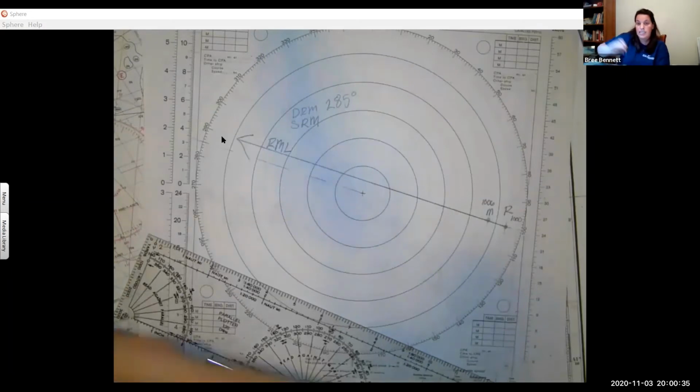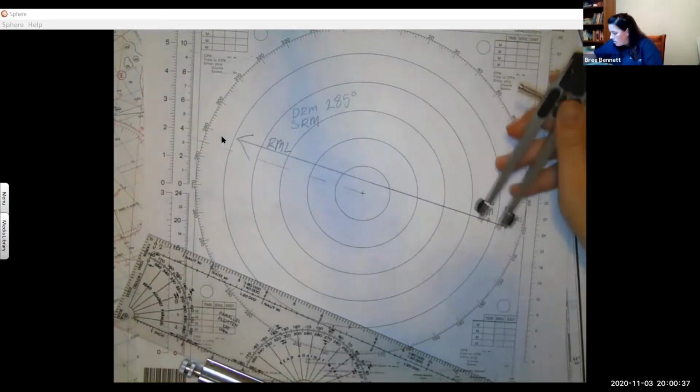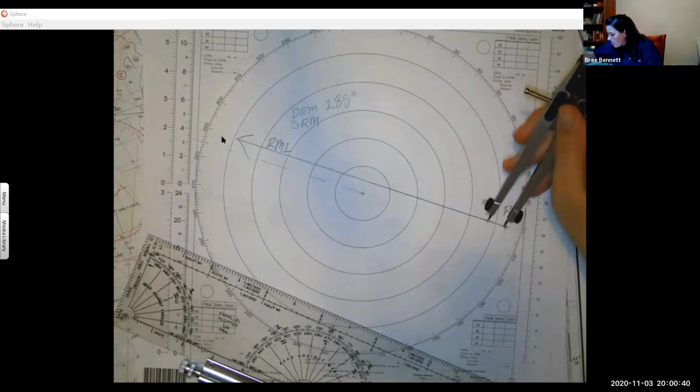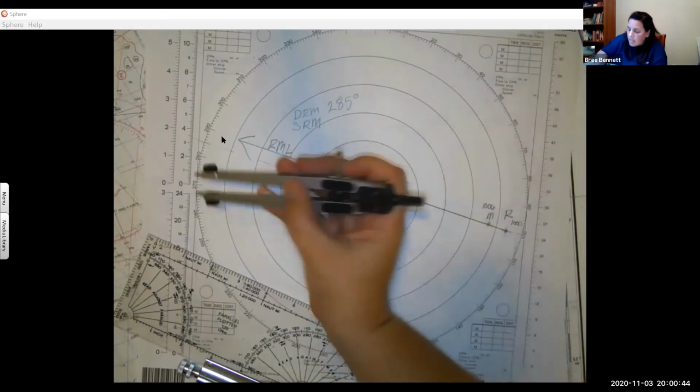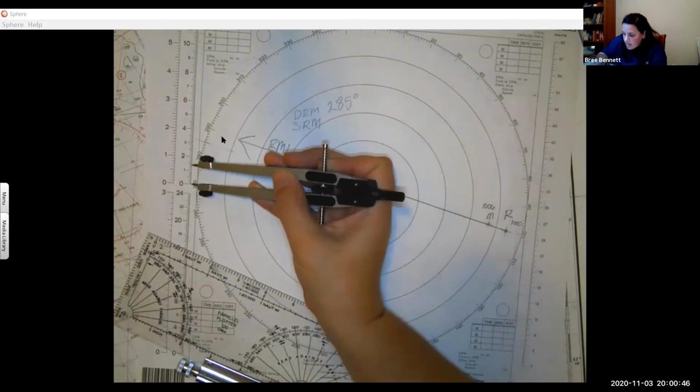Now I'm going to get my speed of relative motion. So I get the distance between R and M, and my distance is 1.4.